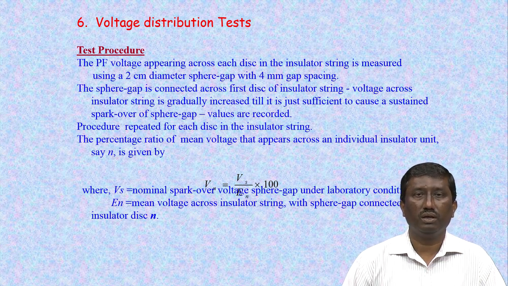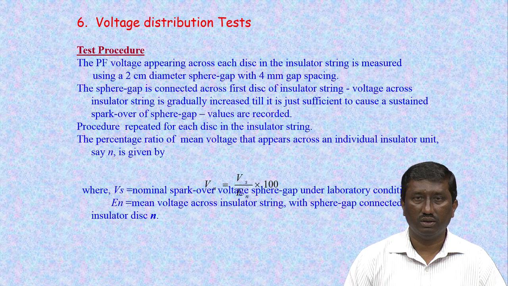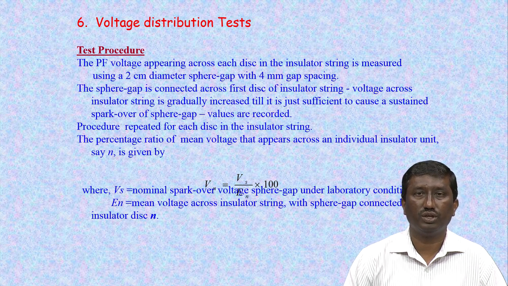Usually the complete insulator string with the accessories, corona control ring and so on, as per the field conditions, has to be simulated. Then measurements can be carried out by applying the voltage across each disc.